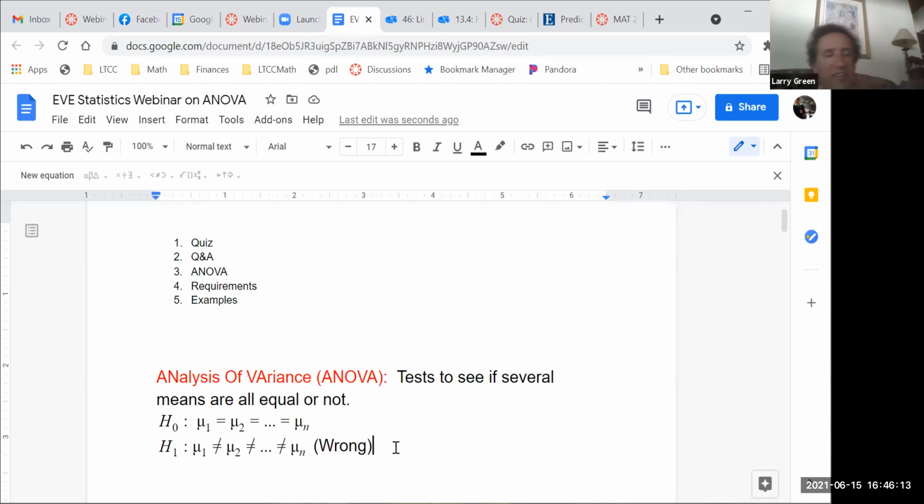And every other state has a mean GPA of 3.0. Then are all the mean GPAs the same? Is mu1 equals mu2 equals ... equals mu(n)? No. Are they all different? No, because California and Alaska are the same. Does that make sense? So that's why this interpretation of H1 is incorrect.